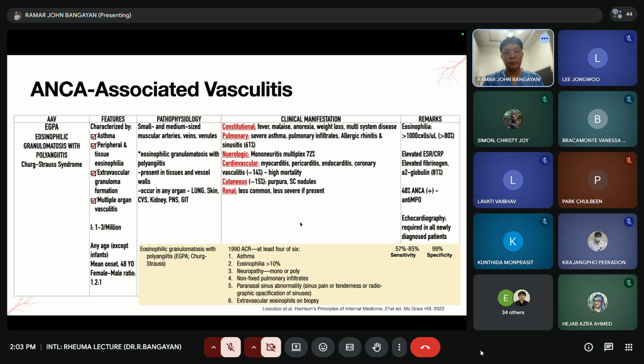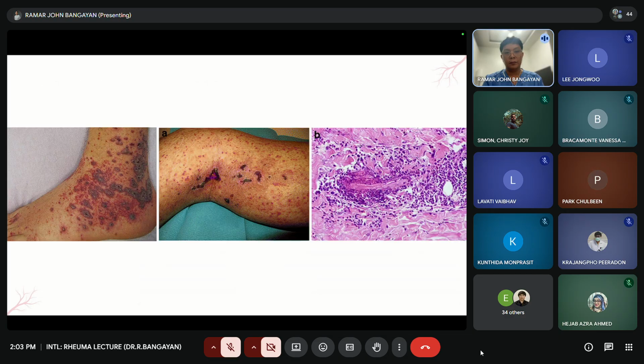Question? None po. So here are the types of palpable purpura in the EGPA, and then this is an image of the biopsy. You would see eosinophilic infiltrates, perivascular, in all layers of your vessel.